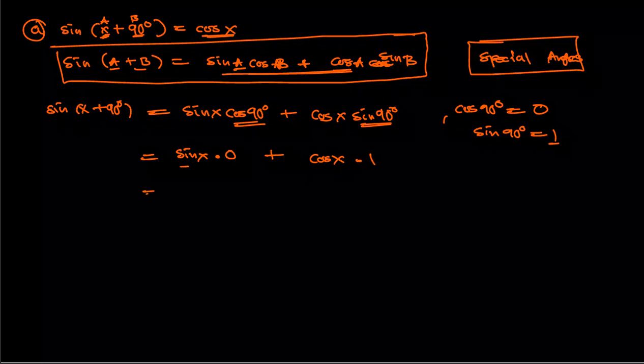0 times sine x is 0. Cos x multiplied by 1 is cos x. So we have our answer: 0 plus cos x, we have cos x. So you can appreciate that sine (x plus 90) is just cos x, which is just the same as this.